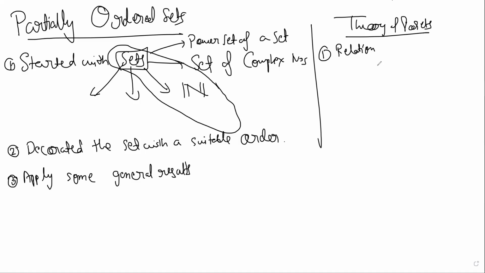You're basically introducing a binary relation, right? But that must satisfy at least some properties, right? So the relation introduced must be an order relation. That is, it must have transitivity. So all this we have already done. This is just a review. Transitivity, reflexivity, and antisymmetry.